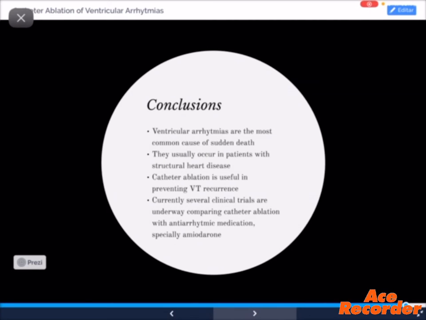Currently, several clinical trials are underway comparing catheter ablation with antiarrhythmic medication, especially amiodarone, to address this issue, but it is still under investigation.